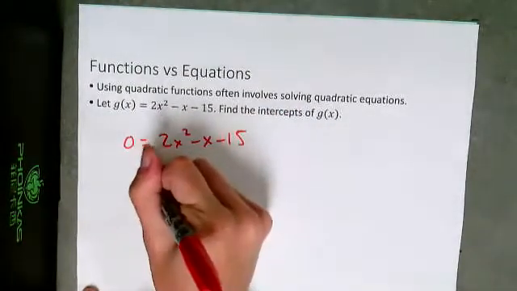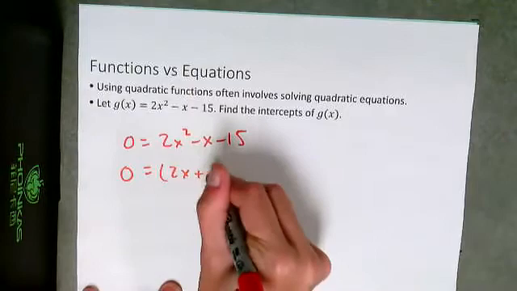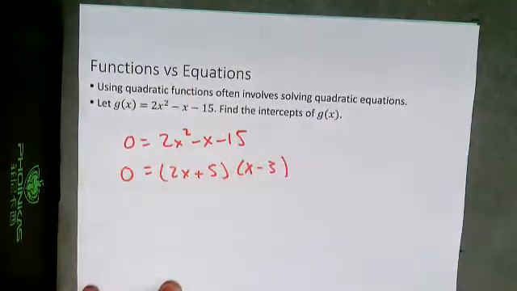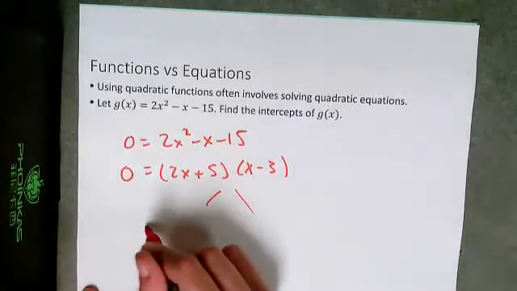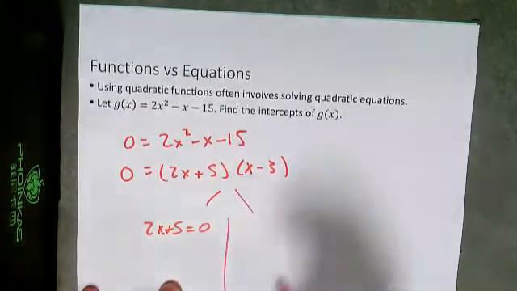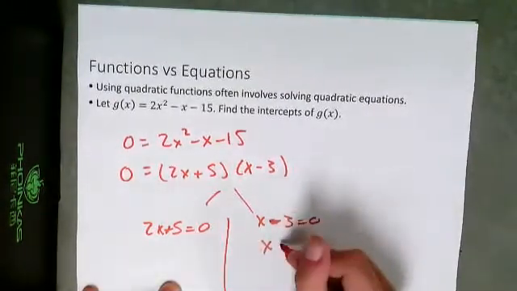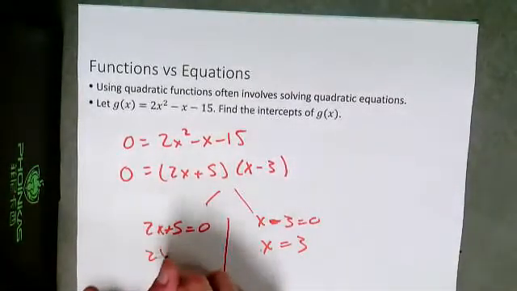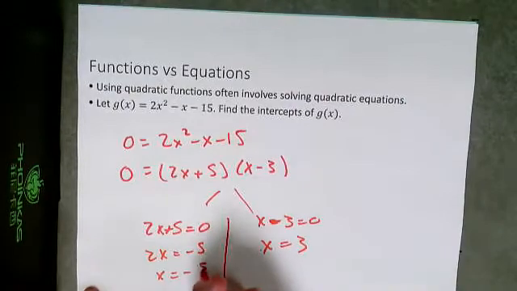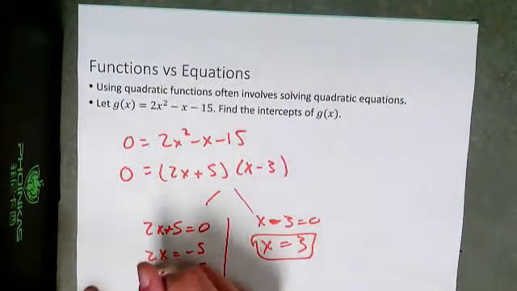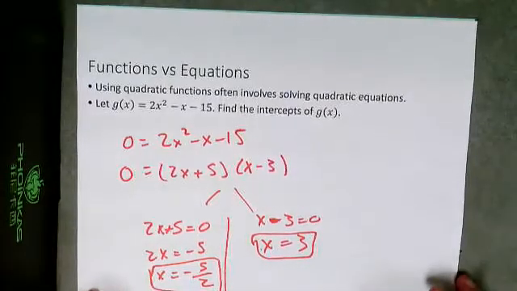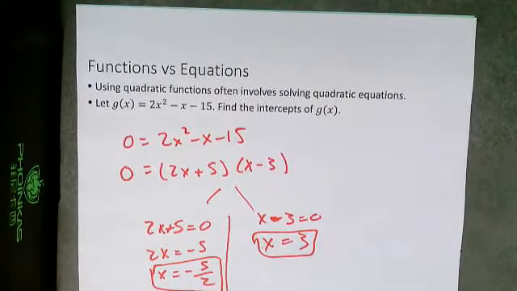If we do that, we can factor and we get 2x plus 5 times x minus 3. This is going to give us two solutions: 2x plus 5 is equal to 0, or x minus 3 is equal to 0. Well, this side's easier. This just means x is equal to 3. This side, 2x is equal to negative 5, so x is equal to negative 5 halves. Luckily, we didn't have to use the quadratic formula for that, but we have to solve quadratic equations often.